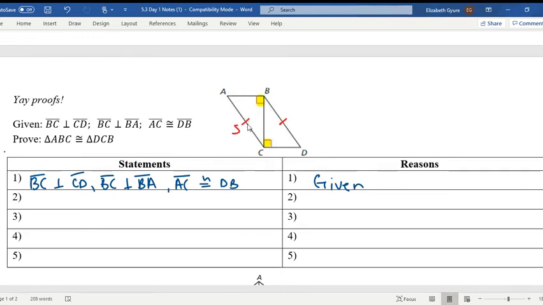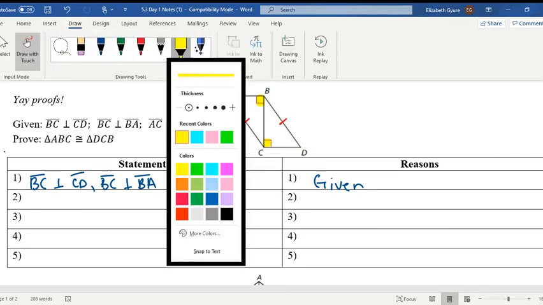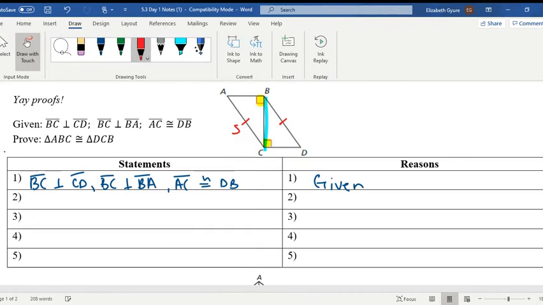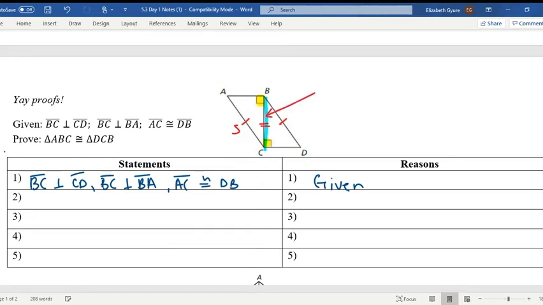Okay, yeah, the one that's given to us, right? We are given a congruent hypotenuse. So if you take a look, we have a shared side again. Remember, our shared side is always, always, always congruent to itself.